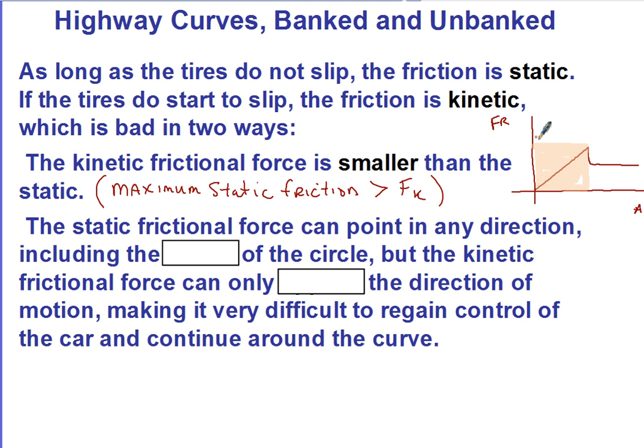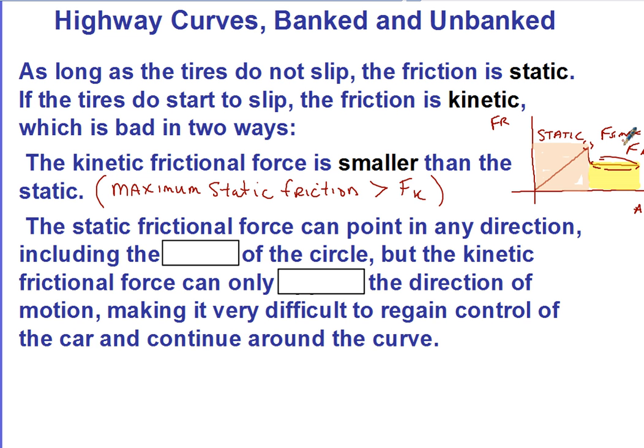Okay, so this was static friction. And this region here we called the kinetic region. Okay, and we can see clearly that the kinetic frictional force, F sub k, is always less than Fs max. Okay, so that graph sort of helps explain why it's bad if we have kinetic friction trying to make that turn.